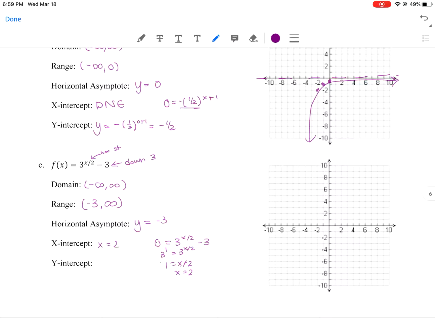Then if you plug in 0 for x, we end up with 1 minus 3, so y is equal to negative 2. So we got a negative 2, we got a positive 2, we've got our asymptote here. It is growth, so it is curving up. All right, that's a brief recap, or overview of 4.2.